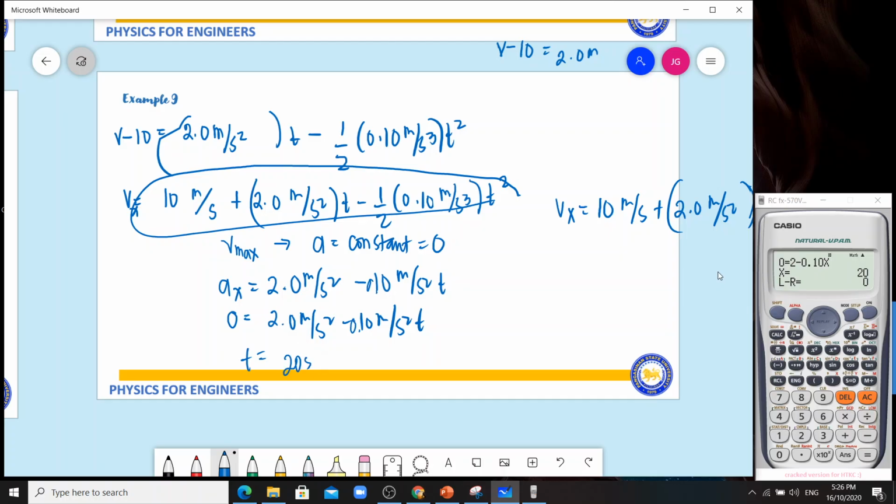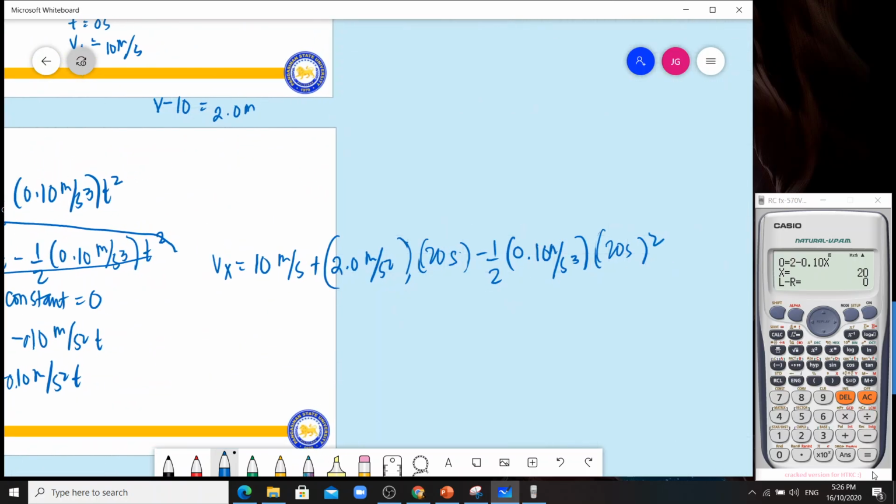20 seconds. Ngayon, papalitan natin dito ng 20 seconds. So, ano dapat ang sagot? 10 plus 2 times 20. Okay. Minus 1 half. Ay, parang mali yung formula. Ay, hindi.